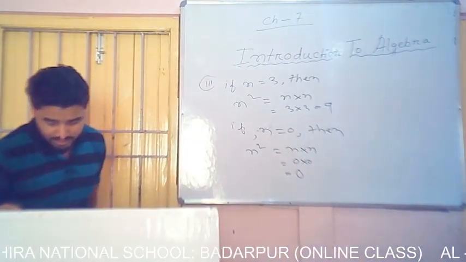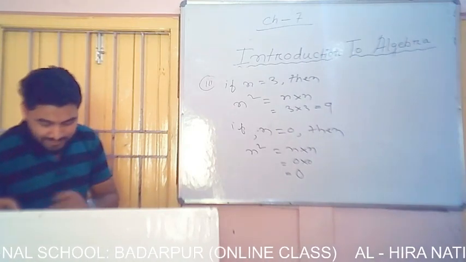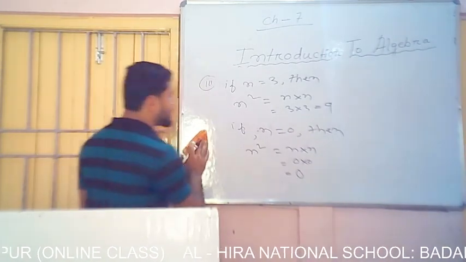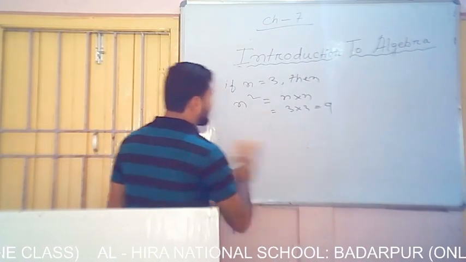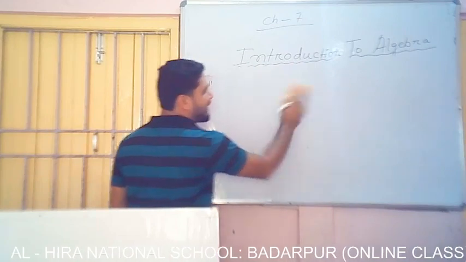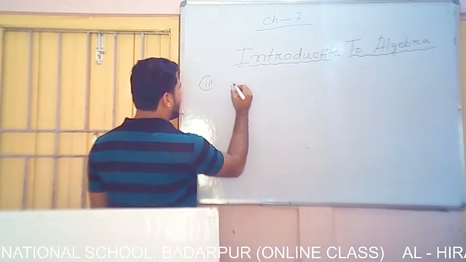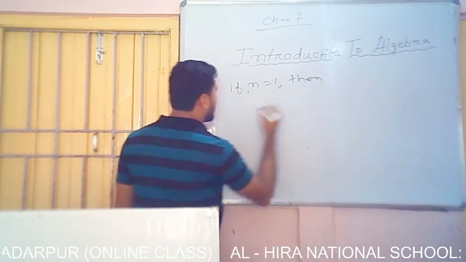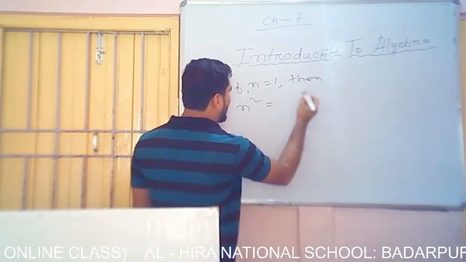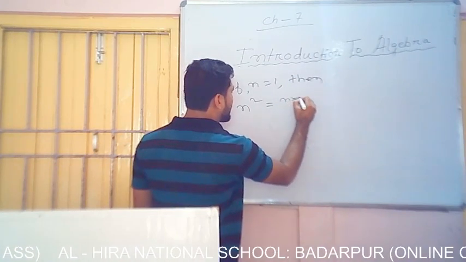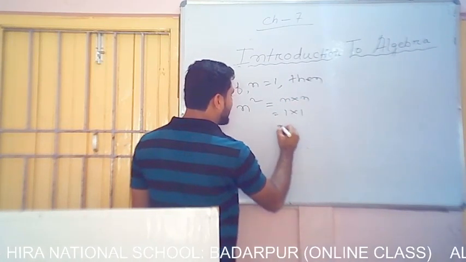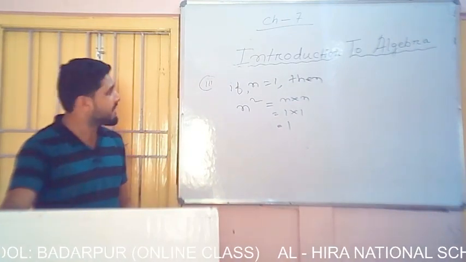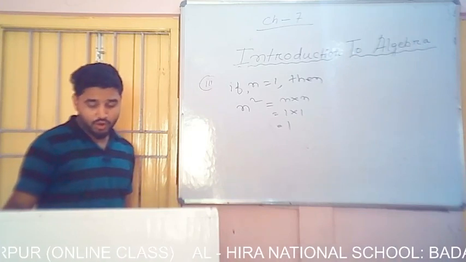Now for the value of n equals 1, in place of n I should put the value 1. Now if n equals 1, then n square equals n into n. That means 1 into 1 equals 1. So this is the answer of question number 4.